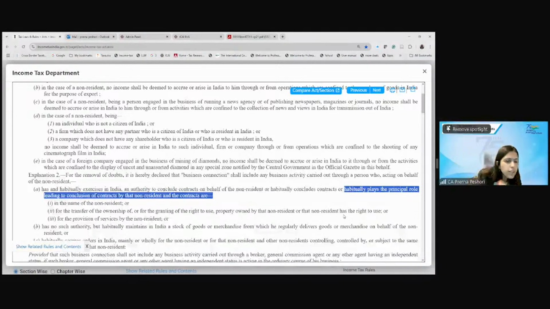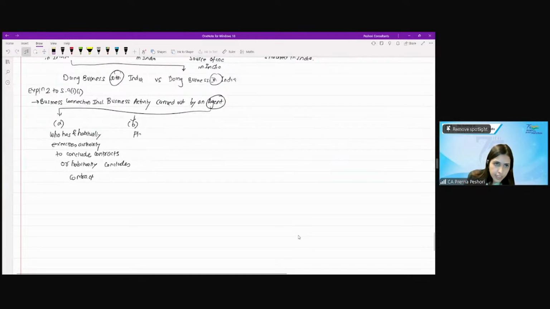So whatever contract it relates to, it will result in the business connection for the non-resident. So is this clear? Yes or no? Is this point clear?